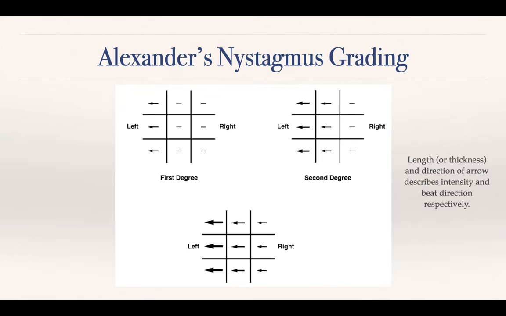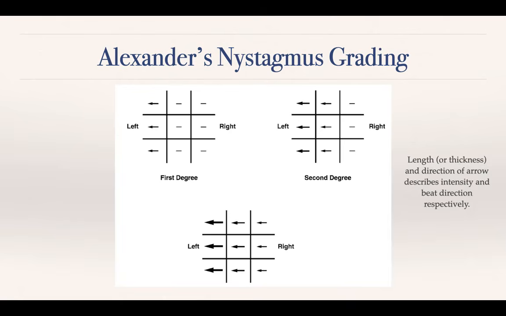First degree is only one gaze. In second degree, the nystagmus is present both in the primary gaze and in the gaze in which direction the nystagmus is beating. Like if the person has left beating nystagmus, the left gaze will be more. If the person has a left beating nystagmus, and you see a nystagmus on the left, in the center and also on the right gaze, then it is called a grade 3 nystagmus or third degree nystagmus.